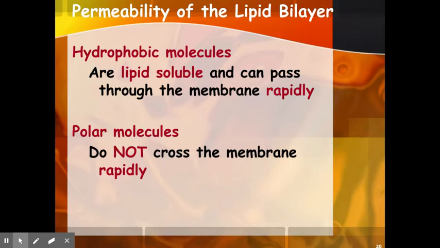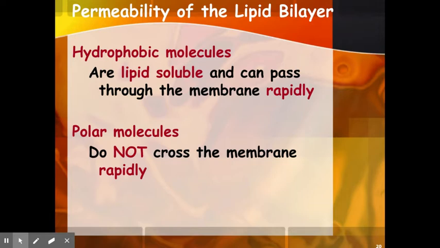Now, if you're wondering why, well, remember phospholipids, the barrier on the membrane, so like dissolves like, right? So lipids can pass directly through. Things like the steroids and carbon dioxide would be another example. Oxygen, another example that can pass freely through, but steroids like testosterone and estrogen would fit there as well.